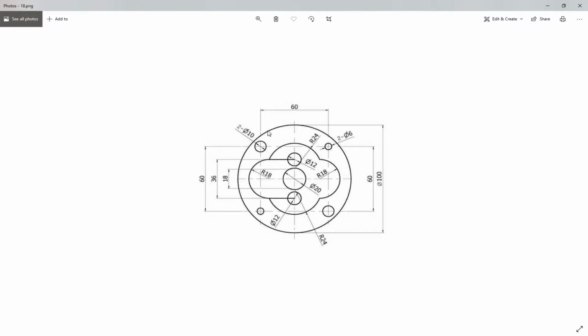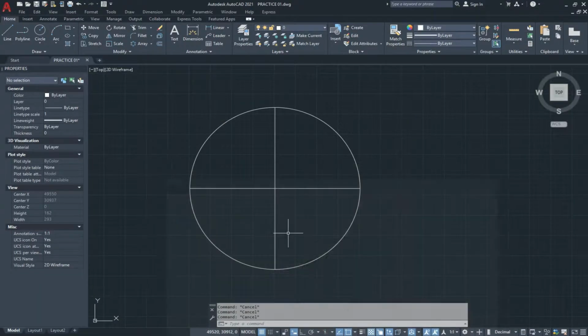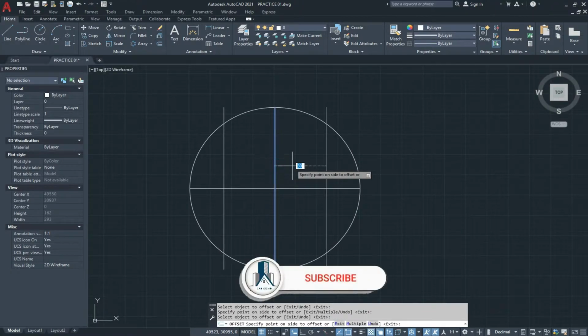Now we draw these lines, 60 units, 30 units on both sides.